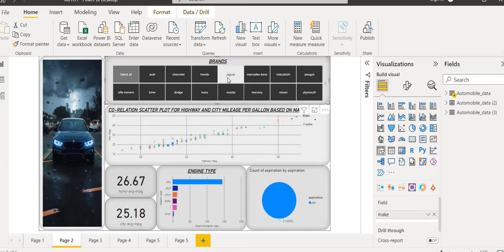And in this page you can see two cards are used to measure the highway average and the city average of the cars.